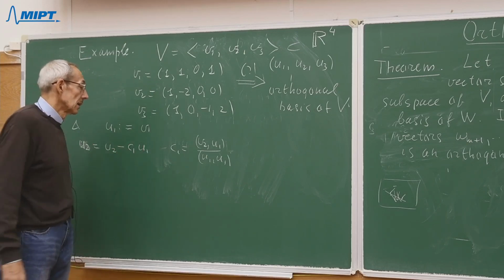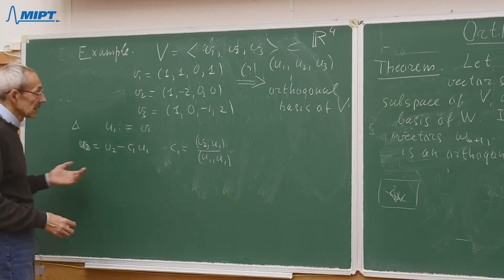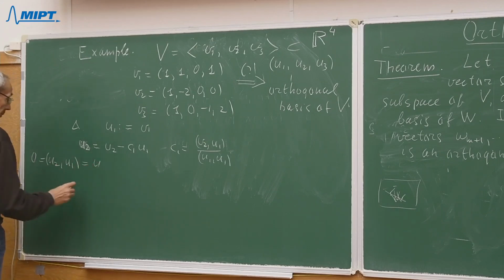We can calculate this coefficient if we suppose that the scalar product of the vectors u2 and u1 is equal to 0. In our example, the scalar product coincides with the dot product.